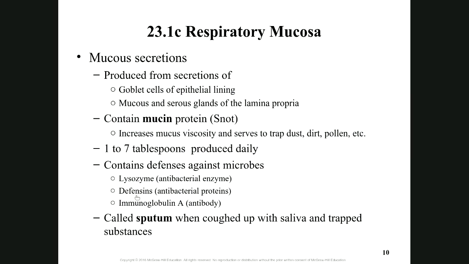Defensin is again an antibacterial protein, and we have IgA, or immunoglobulin A, which is the antibody, and this IgA is present in all of our mucous membranes. And when you cough up this mucus with saliva and trapped substances, we call it sputum.